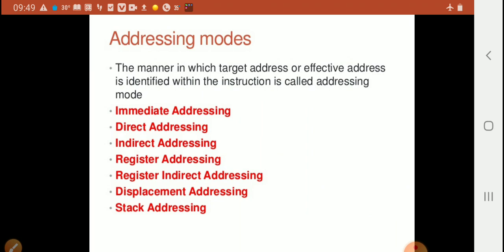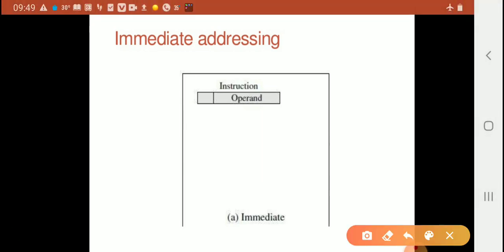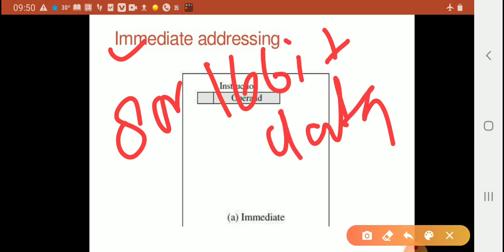Immediate addressing mode. In an immediate addressing mode, 8 or 16-bit data can be specified as a part of the instruction. There is no need to specify the address of the operand.